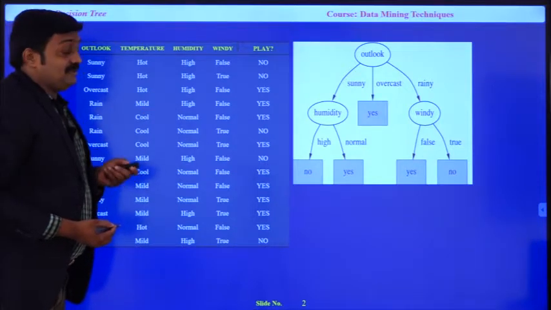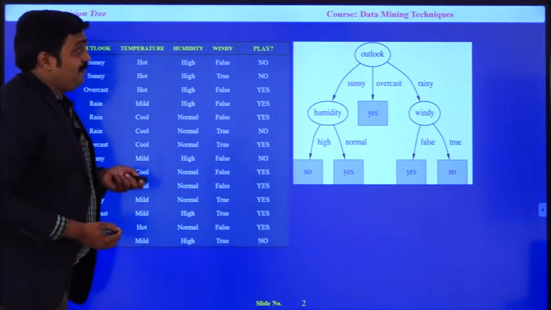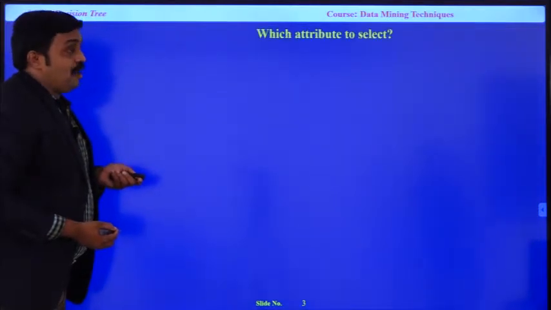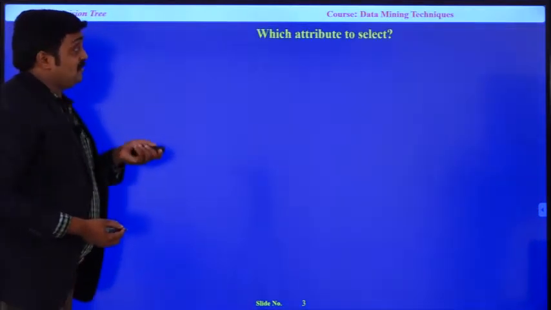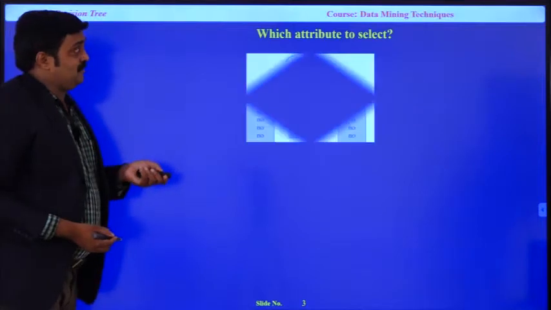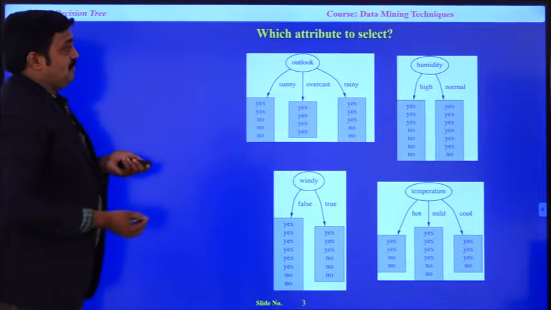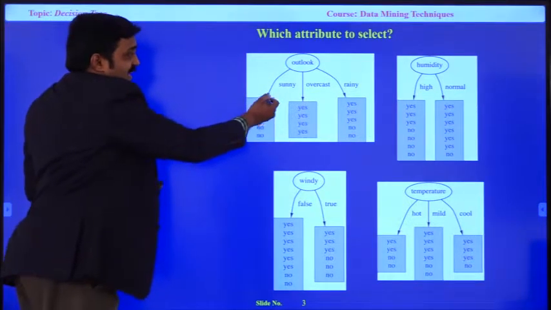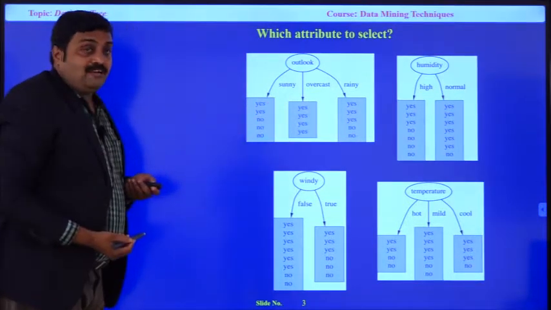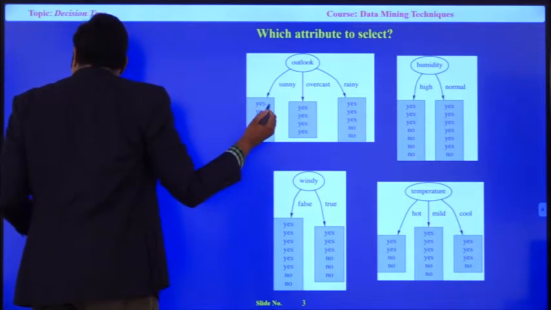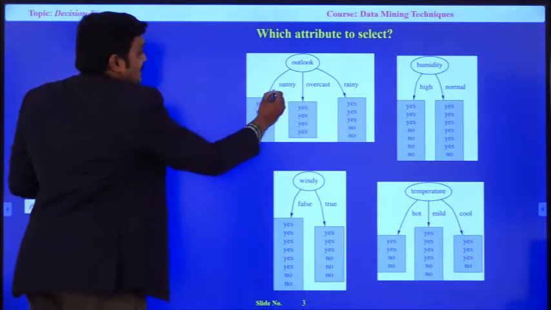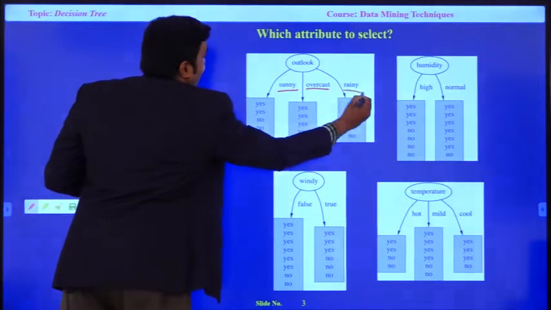Now the question is, why am I choosing outlook as the best attribute? Which attribute do I need to select? First I am going to take the outlook with its various values: sunny, overcast, rainy.